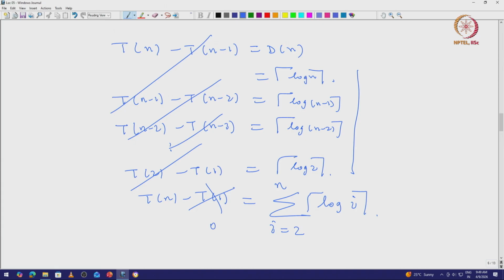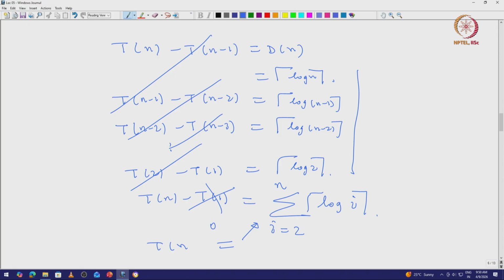Therefore, we are getting a very nice formula for T of n. T of n is given by this sum I going from 2 to n of ceil log I.